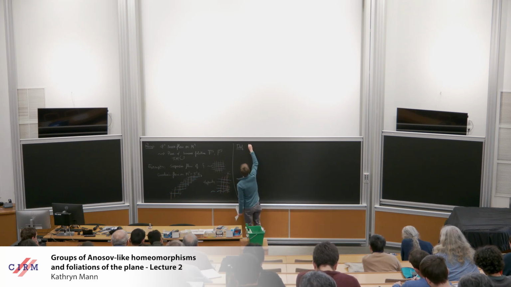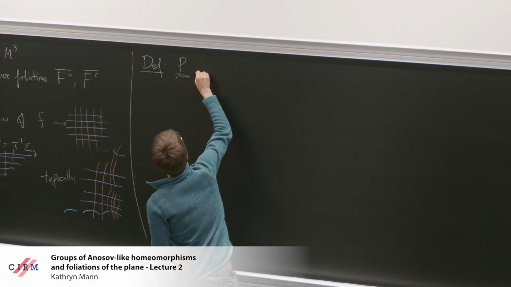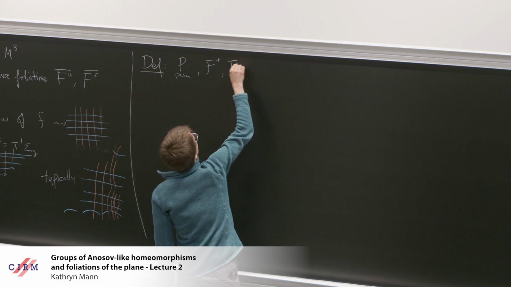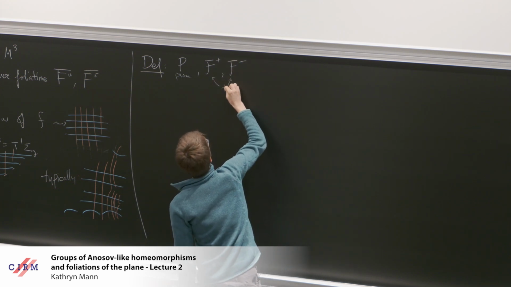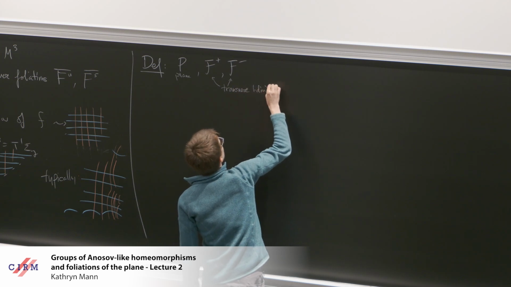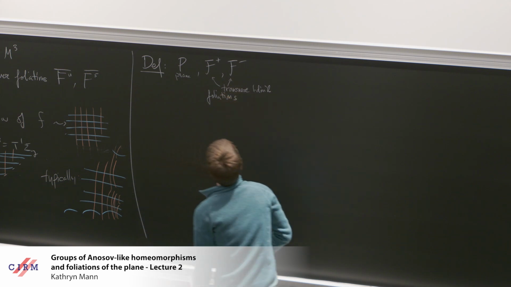Okay. So I'm going to fix a topological plane with two transverse one-dimensional foliations. Okay.